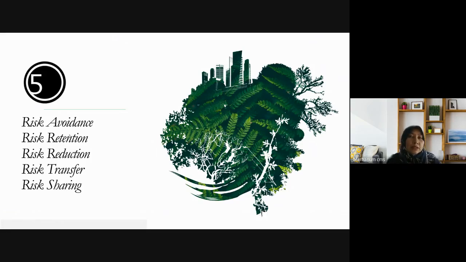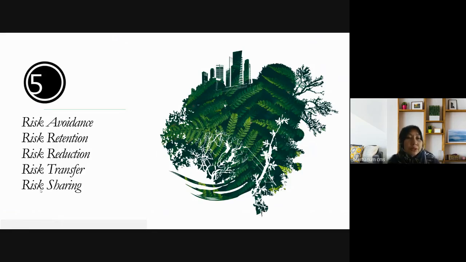But how do we reduce it? Maybe we use public transport. Okay, we have another alternative. Risk reduction, we reduce the risk by, let's say, the risk of having fever.